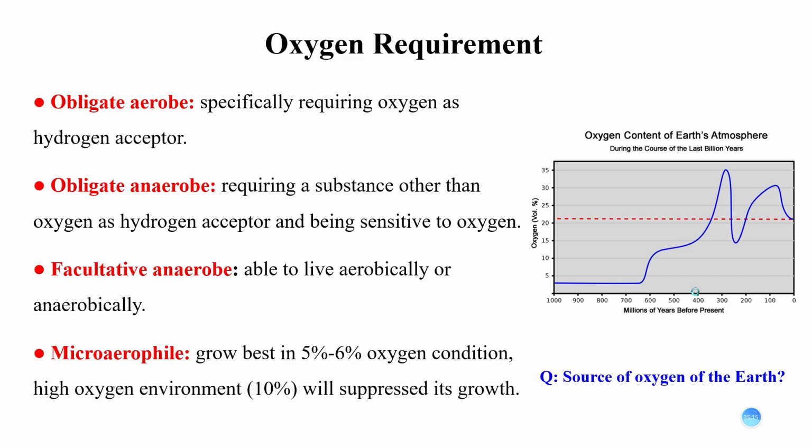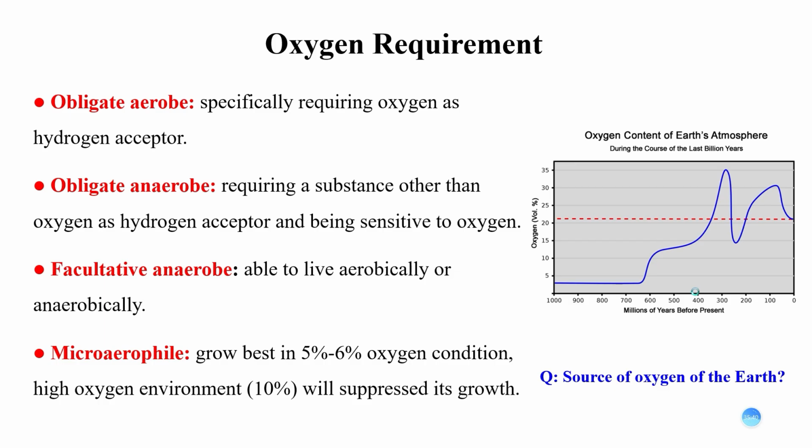Obligate aerobes means that they specifically require oxygen as a final electron acceptor. Remember the electron transport chain on the cell membrane, right? And the final acceptor is the oxygen molecule. So they require oxygen as a final acceptor.